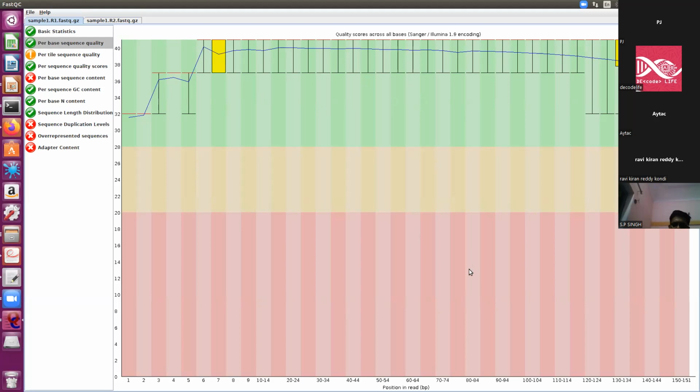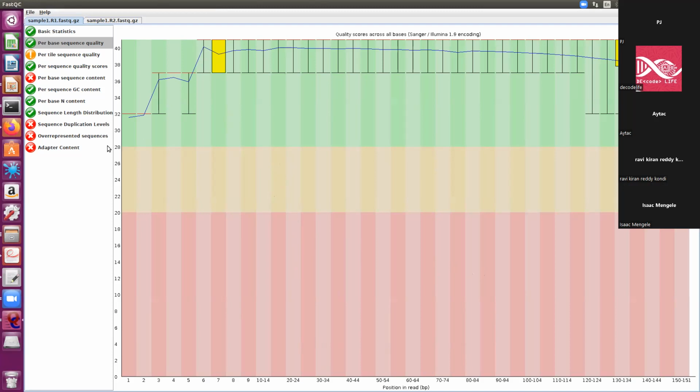Please, Prof, may you come to the sequence duplication levels? I didn't understand some of those color-coded lines and how actually the duplication is shown, where there is duplication or where there is no duplication. Which color line are you talking about, in the sequence duplication levels?